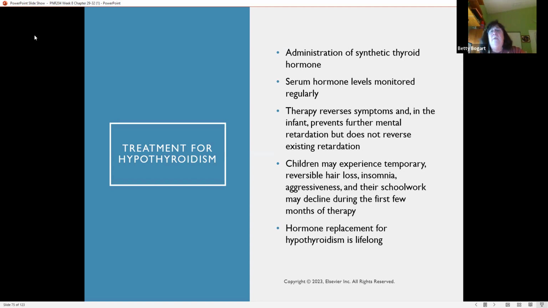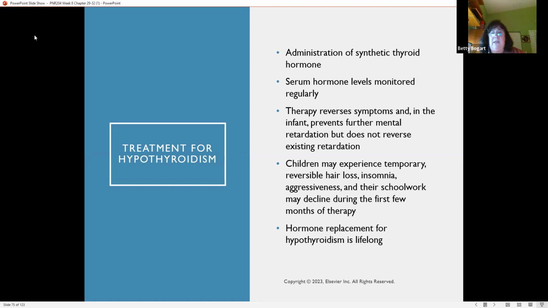With hypothyroidism, that therapy can stop further mental retardation. But if it's gone on too far, that cognitive delay will be there. So it is important, and as I said, at birth we do check these things.